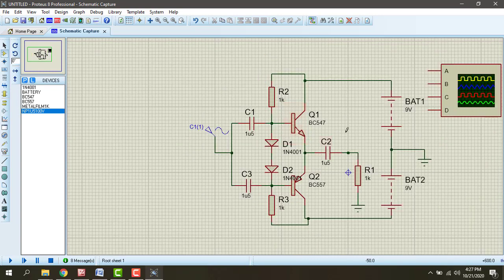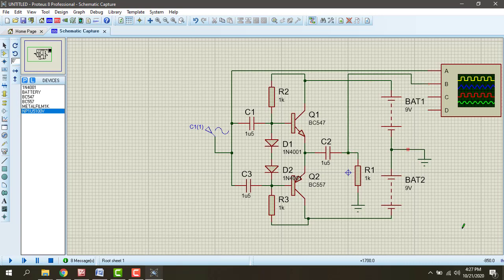We have pre-biased Q1 and Q2 using these diodes. When the diode is conducting, the anode of D1 is 0.7 volt and the cathode of D2 is minus 0.7 volt. So Q1 as well as Q2 is pre-biased, so that the crossover distortion will be eliminated. The scope point A is connected to the input and B is connected to the output.